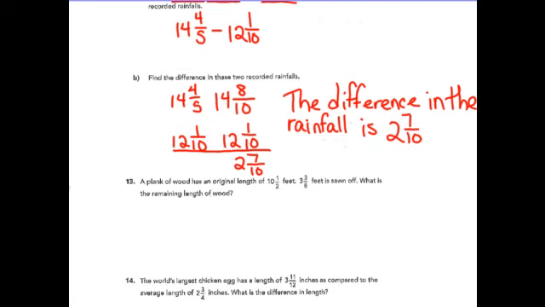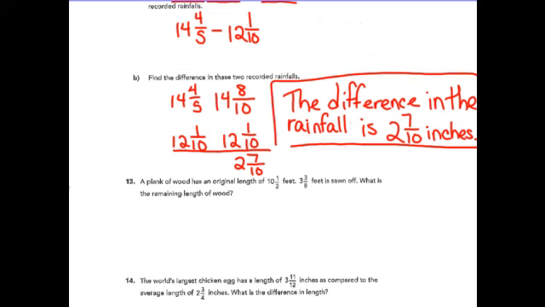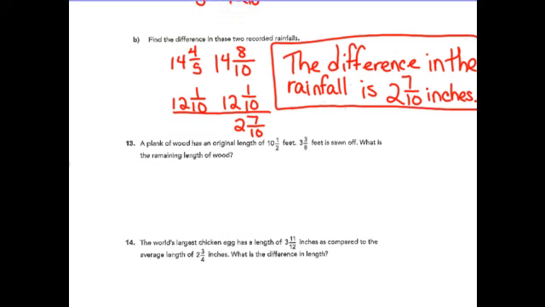The mixed number 2 7/10 inches. Make sure you get a label. That's what sentence answer box label is. And yes, I put it in a box. The difference in the rainfall is 2 7/10 inches. 7/10, by the way, was in lowest terms. We didn't have to reduce that.